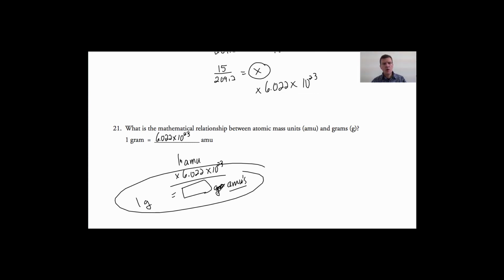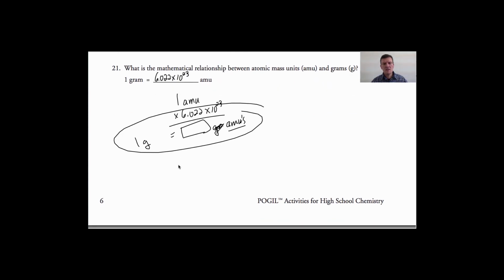I'm going to show you one last thing before we say goodbye, because I mentioned earlier that what you're going to have to do is be able to convert from moles to mass. Actually, it's mass to moles and then to particles. So I'm going to show you this really quickly here at the bottom of the page. You are often given the mass of something, and maybe you want to find the number of particles.